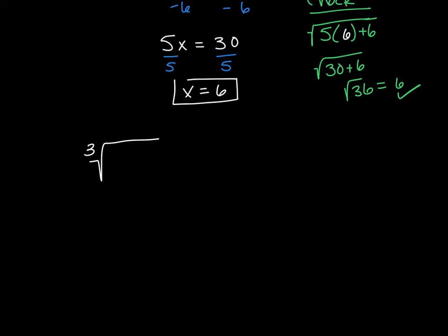If it was the cube root of 6x is equal to negative 4, now we can do this. Now, 4 times 4 is 16. 16 times 4 gives us 64.